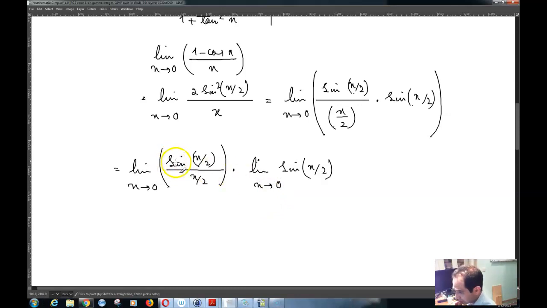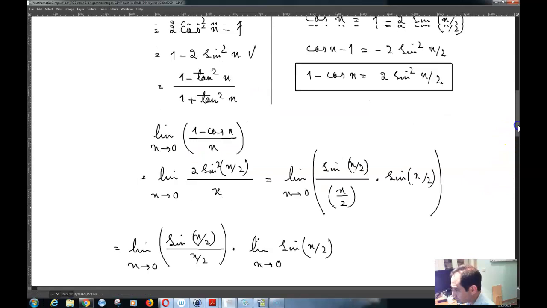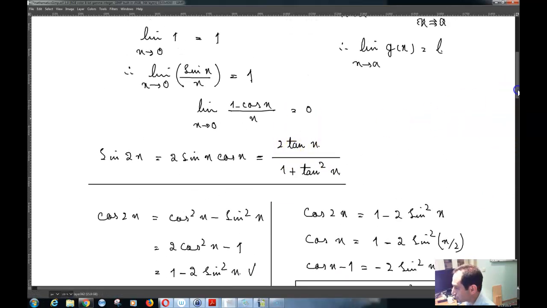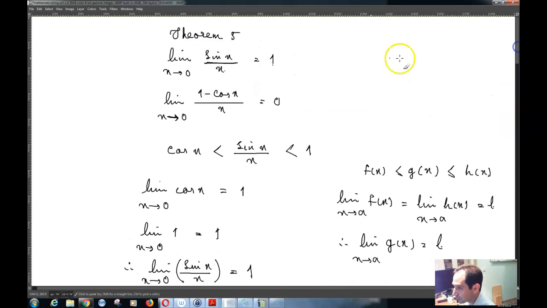Now we showed that the limit of sine x by x when x tends to 0 is equal to 1.